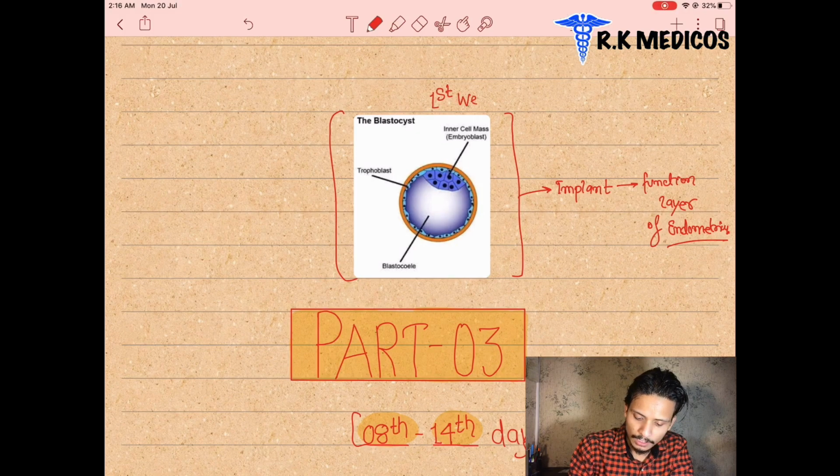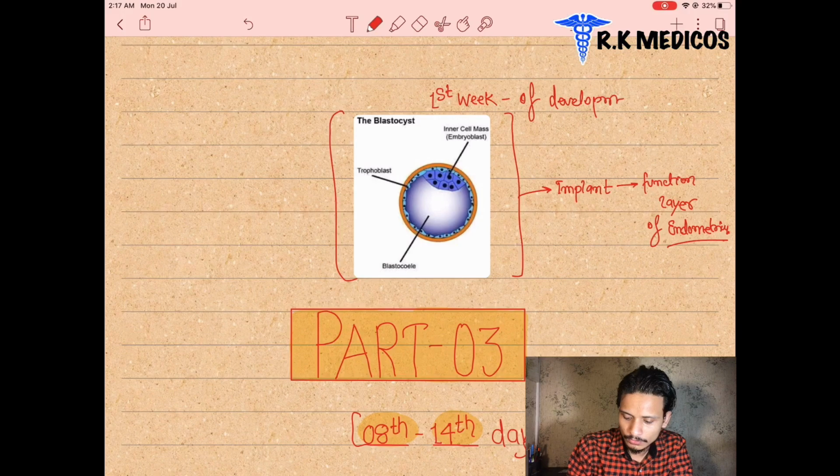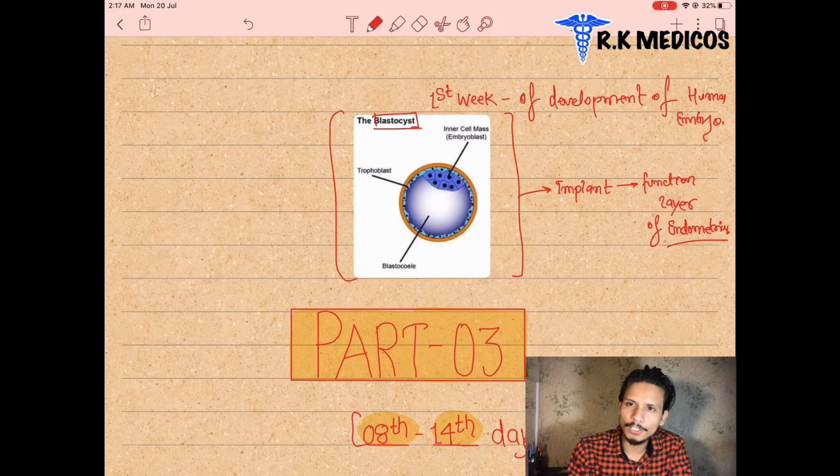What happens with the embryo? The blastocyst stage is going to implant into the functional layer of the endometrial wall. After that we are going to see what happens to these cells in the second week.